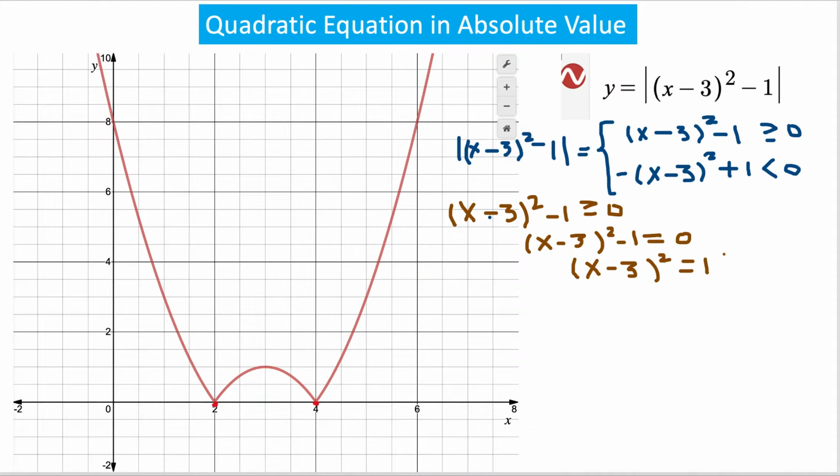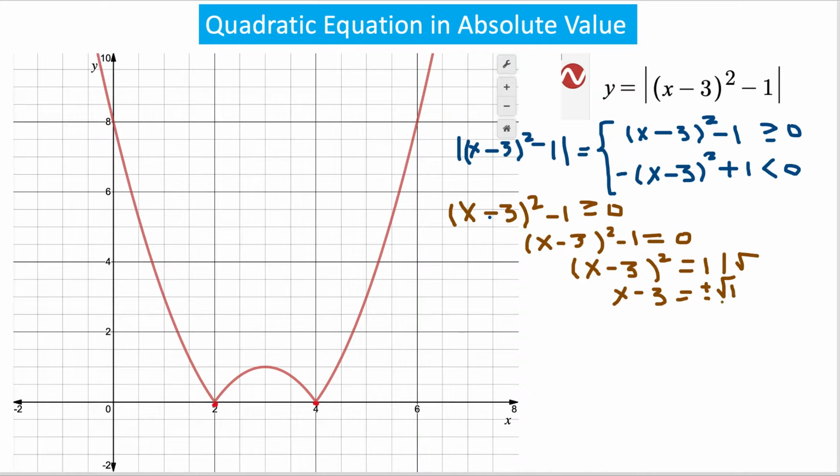Now I'm taking the square root of both sides. When I take the square root of both sides, x minus 3 is equal to plus minus the square root of 1, which is plus minus 1.